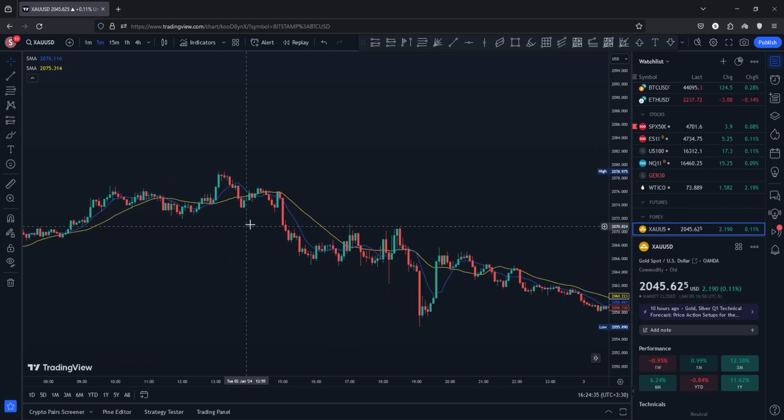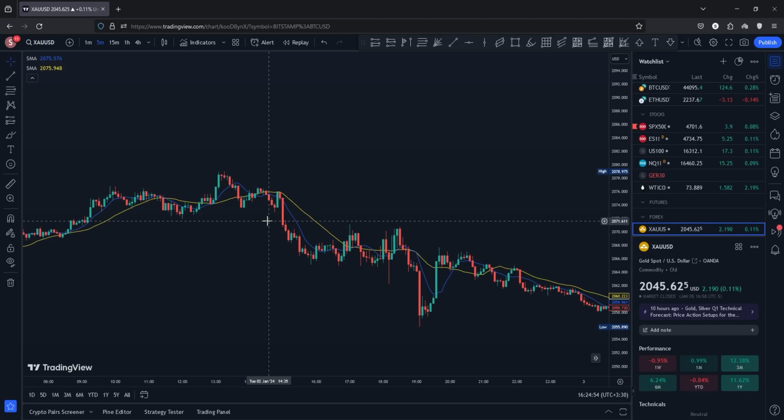If in any trade you have a 1 to 2 risk to reward ratio, you're still in a losing trade.